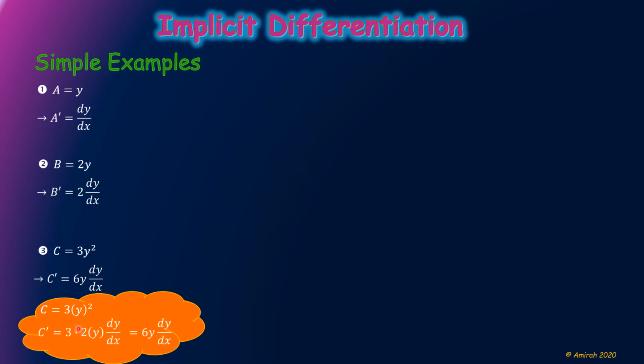Then copy the bracket, and then power minus 1, and then differentiate in the bracket, we have dy over dx. After that, we simplify 3 times 2y, so we have 6y dy over dx. Same answer.